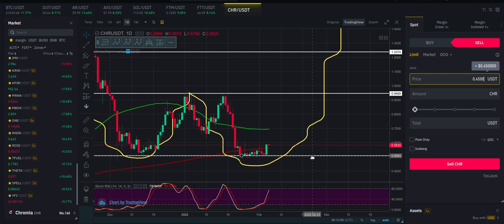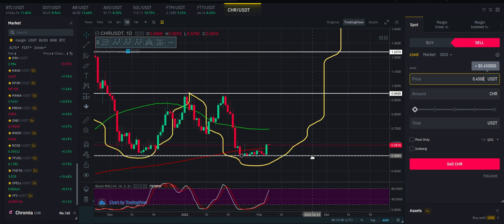Now let's assume that you use $20 to buy Chromium at that 0.50. That will give you 40 Chromium. So let's assume that you used $20 to buy 40 Chromium at 0.50 dollar.